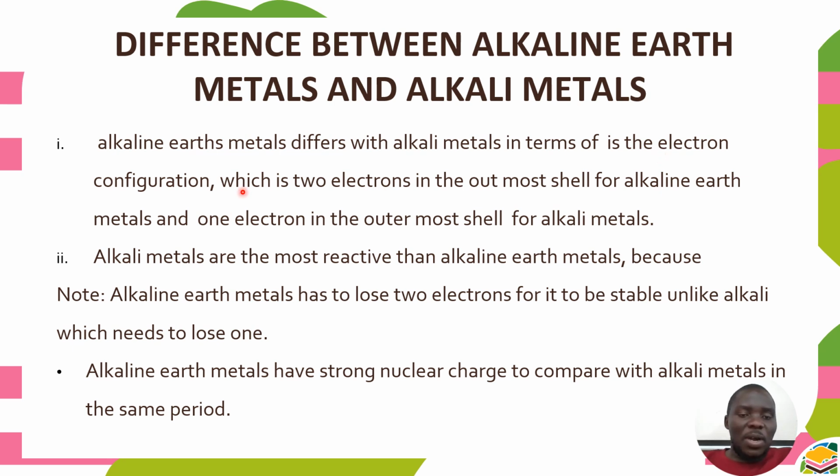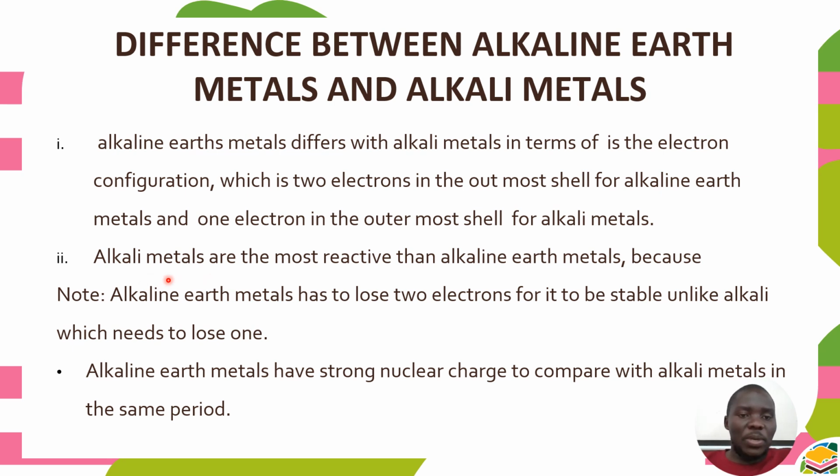It's simply that we focus on the number of electrons found in the outermost shell. They will always differ in that. Group 2 elements will usually have 2 electrons in the outermost shell, while group 1 elements have a single electron in the outermost shell. So that is the first difference. They have a different number of electrons in the outermost energy level. That's why we're saying that their configuration is different.